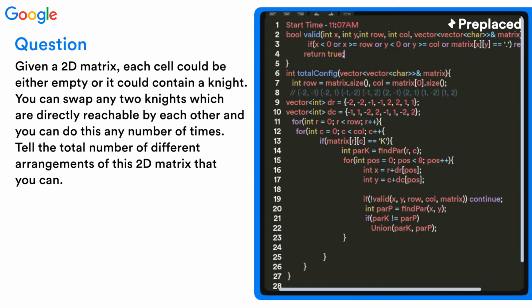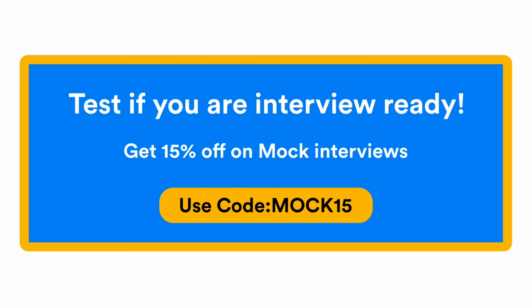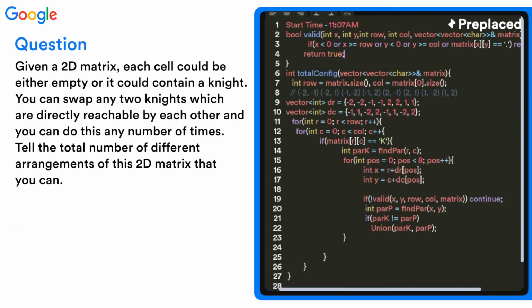That will give me a unique value. So initially, for the entire row and column, I can assign everything to its own. Whatever value I get for x into column plus y, I can put it for the xy. So I'll have unique values.